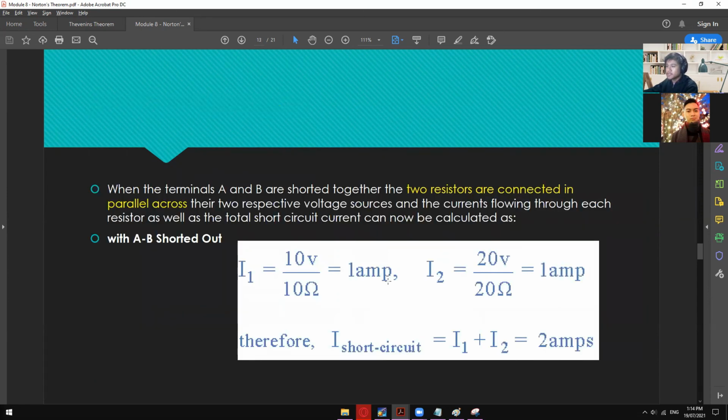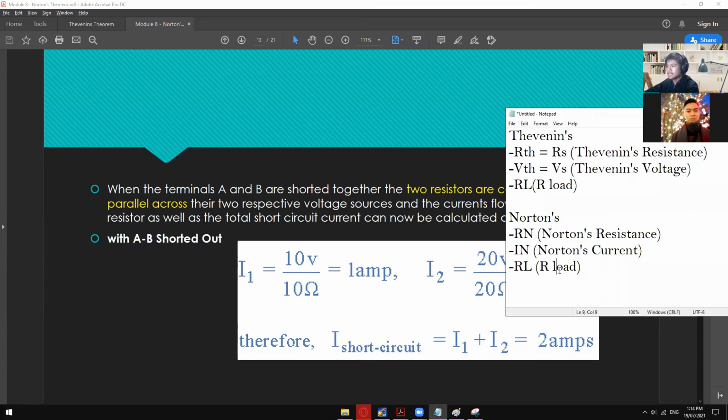So, of course, I1 plus I2 is now equal to our IN, or I short circuit. Actually, IS naman yung tawag nila dito. IN is also equal with IS. That's the other different terminology for that one.